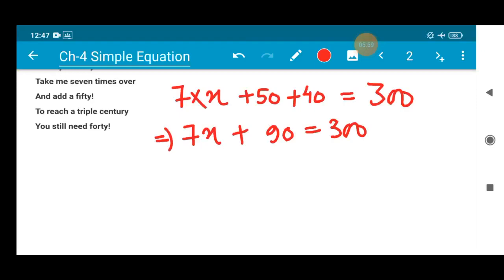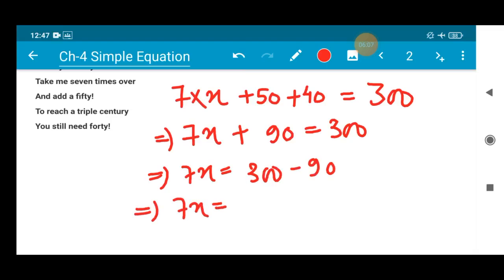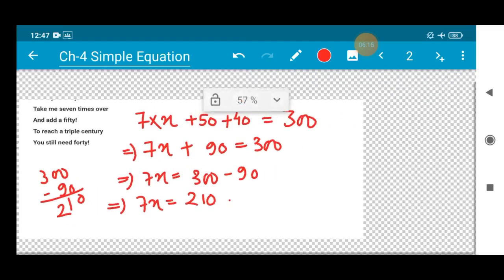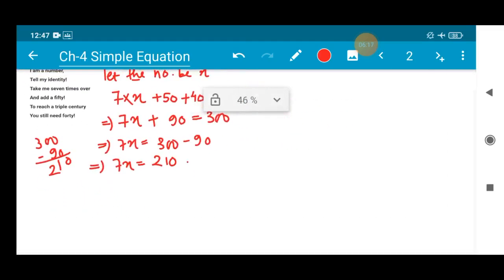Now 7x is equal to 300 minus 90, which is equal to 210. Now you have to find the number, the identity of this number.